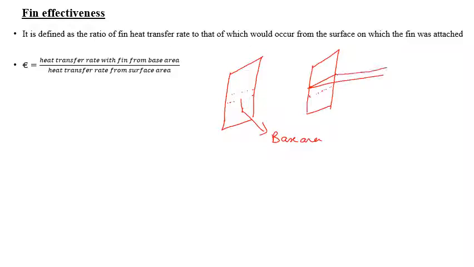The extended surface I can have, and from this hatched area, the hatched area which is supposed to have it. If there was no fin, the heat transfer from this hatched area might have taken place by convection.